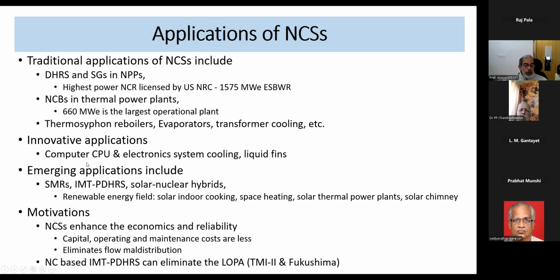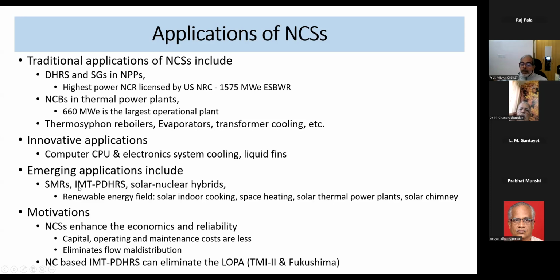Innovative applications include computer CPU cooling, and many electronic systems are being cooled by natural circulation. And as Professor Rajpala said, one of the emerging applications for natural circulation is small modular reactors, which even India is trying to develop now.